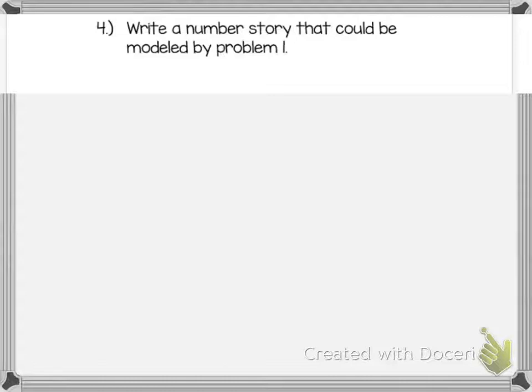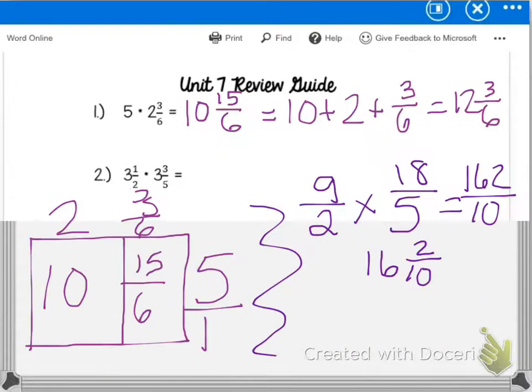Number 4 says write a story problem that could be modeled by problem 1. So problem 1 was 5 times 2 and 3/6.